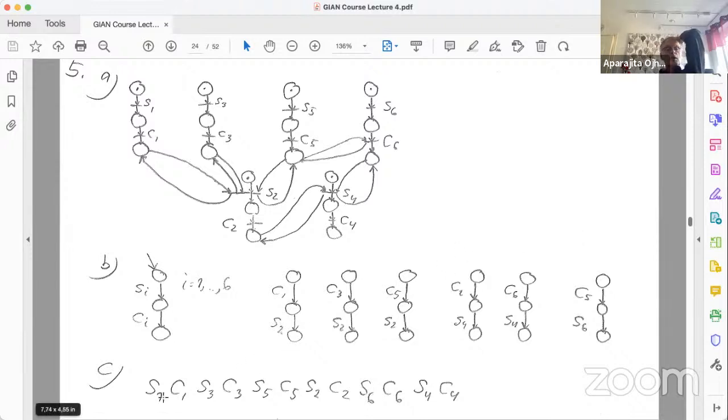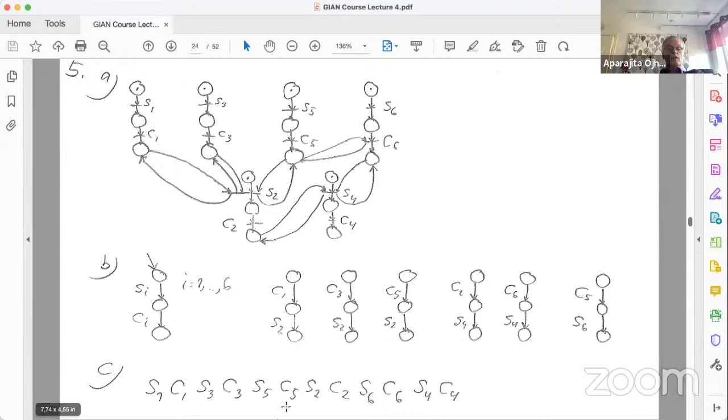So based on this, we can also generate a possible sequence of start and complete operations here. And one could easily see that, for instance, the first, the third, and even the fifth have no conditions. So we can start with them: S1, C1, S3, C3, S5, C5.